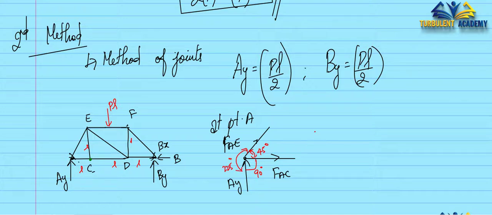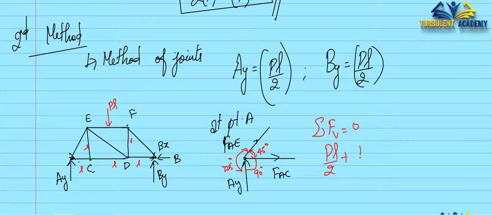Now we can directly try solving the summation of vertical forces, because we'll have to derive it from AY only. First we'll solve for FAE, and using that we'll solve for FAC. Now, AY is going up, so positive, which is PL by 2.